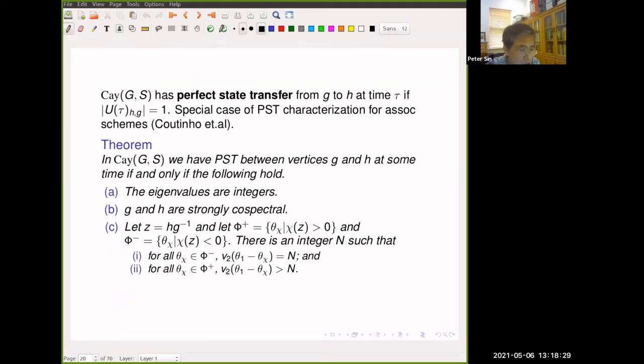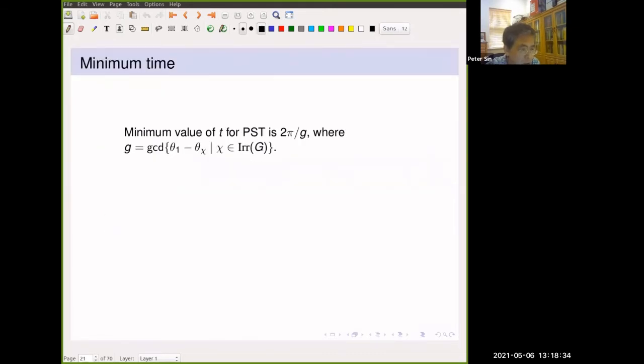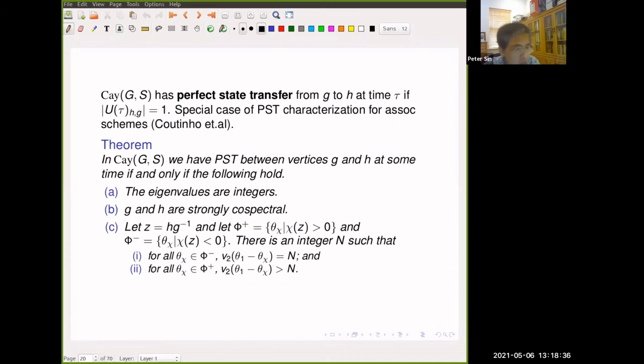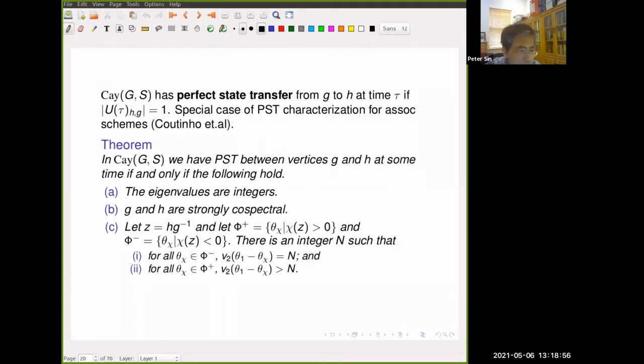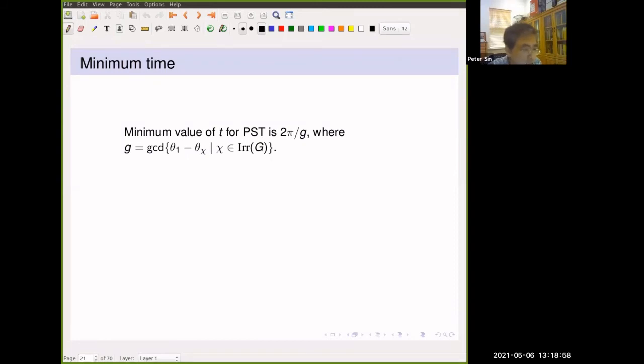Okay, and now I want to apply this condition to some examples soon. But before I do that, I just wanted to mention one other thing. There's a minimum time t at which perfect state transfer happens, and that is 2 pi over g, where g is the greatest common divisor of these same numbers that we were looking at, theta_1 minus theta_chi.